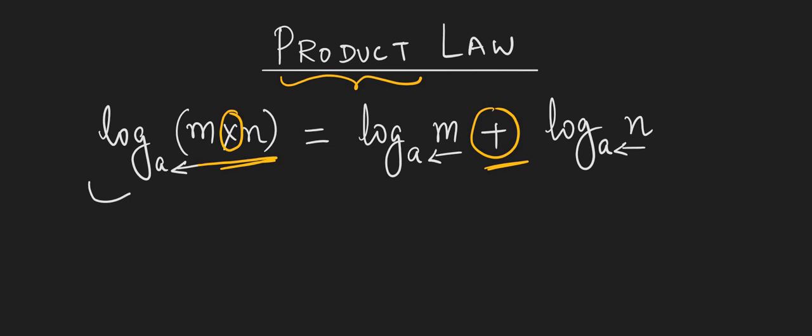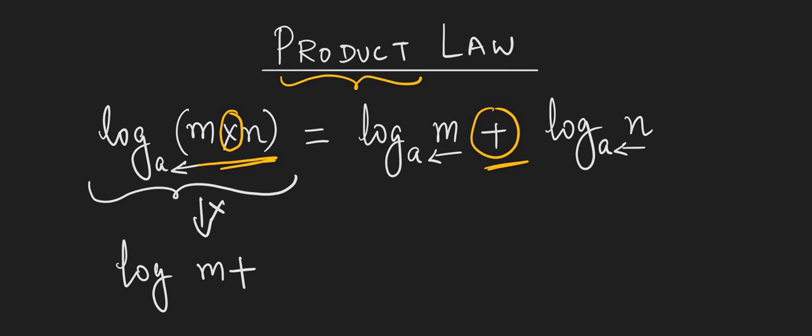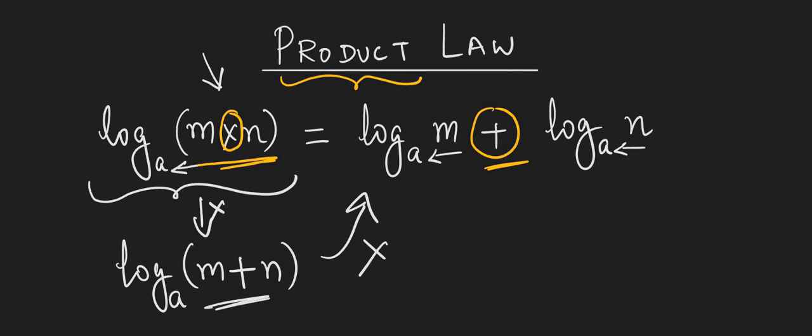So remember, this is not the same as log m plus n to the base a. Okay, so because log m plus n is not equal to log m plus log n. It's only log m multiplied by n is equal to log m plus log n.